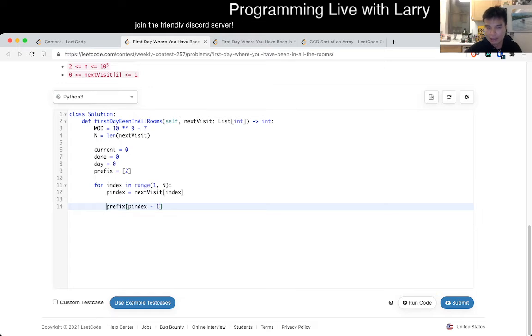Okay, so this number is the total plus 2. So prefix dot append this plus 2.